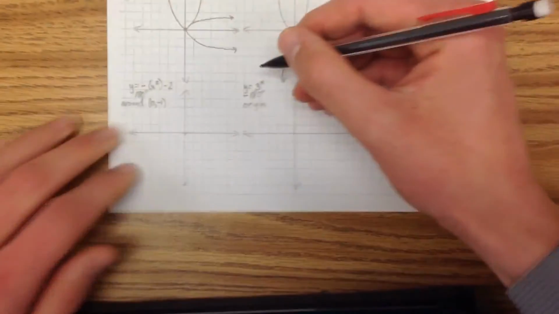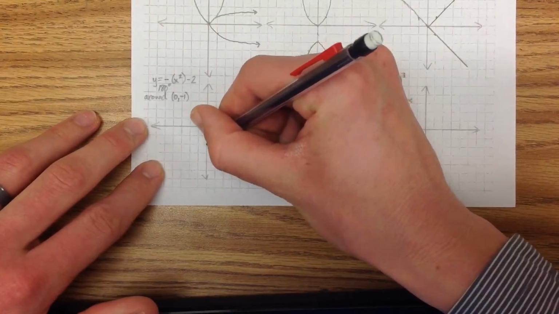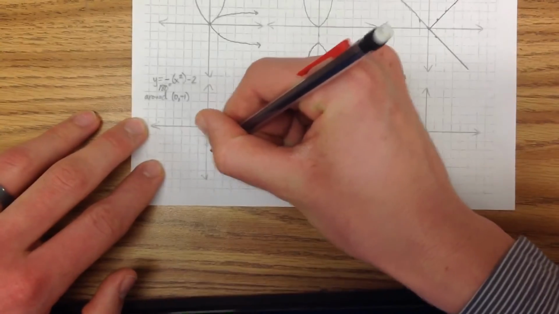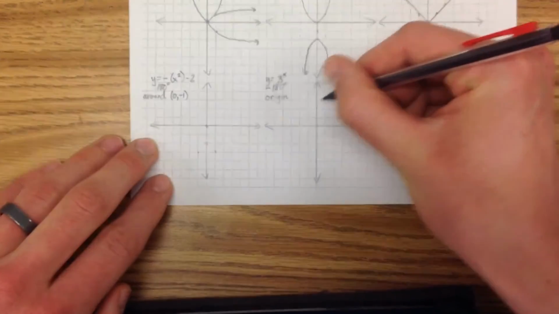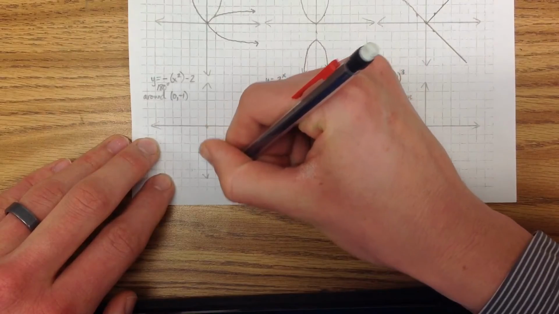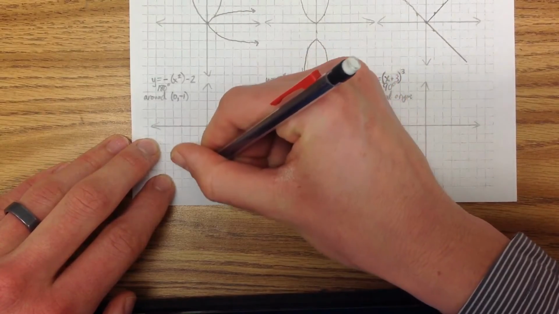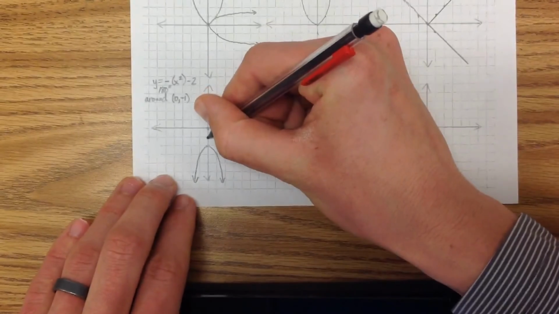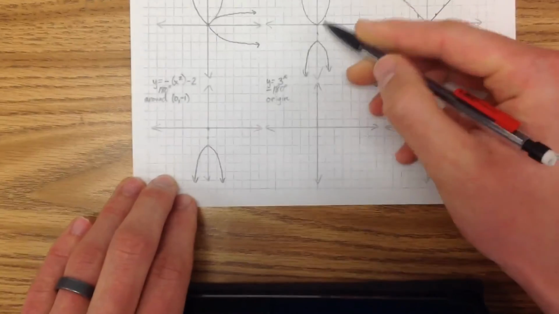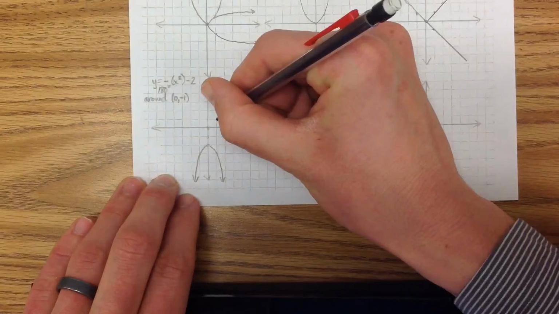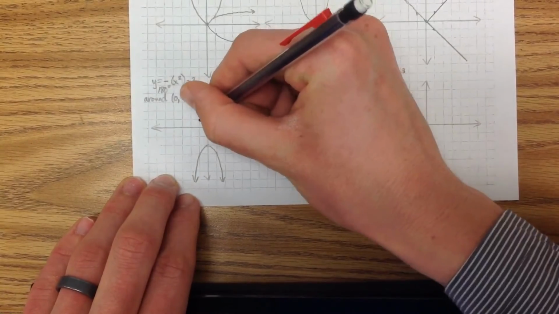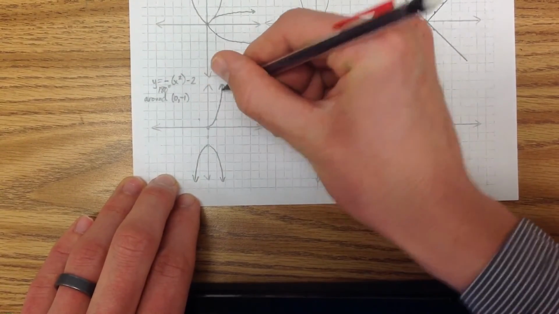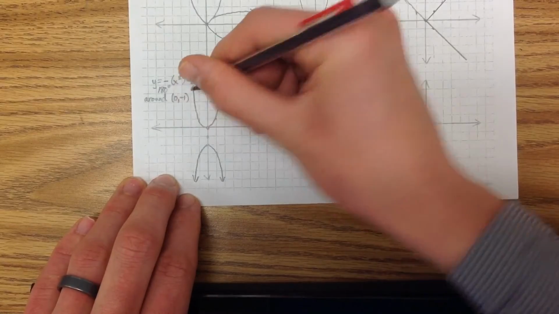So down 2. And rotate 180 degrees around that point. So a lot like this one, it's one away. So I'll make this one away. It's going to look like that.